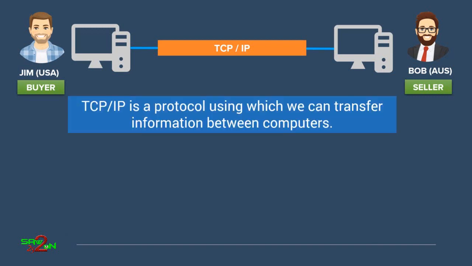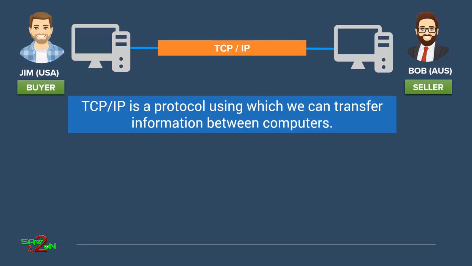TCP/IP is a protocol using which we can transfer information between computers, and obviously you know the information between computers is zeros and ones. So all the zeros and ones that have to be transferred between two computers are transferred via this TCP/IP protocol. We're going to deep dive into what this protocol is all about in the next lecture. But on a very high level, understand this now.